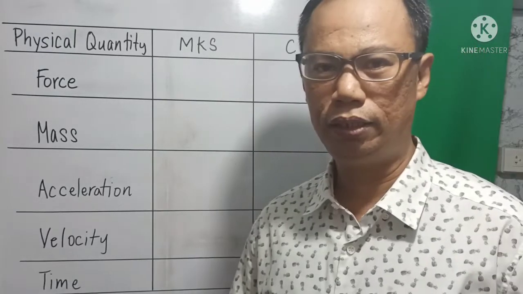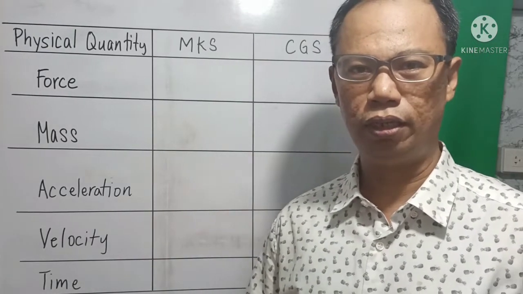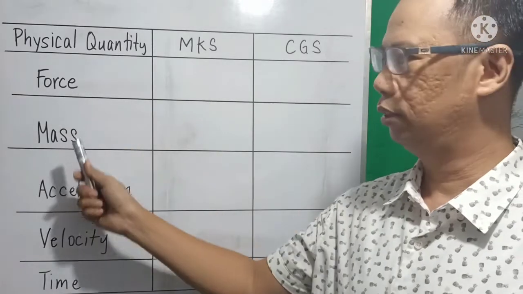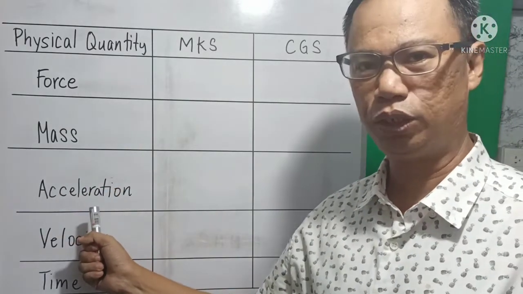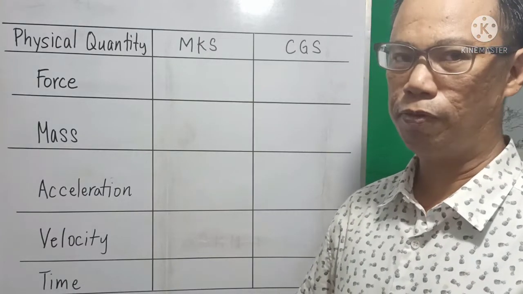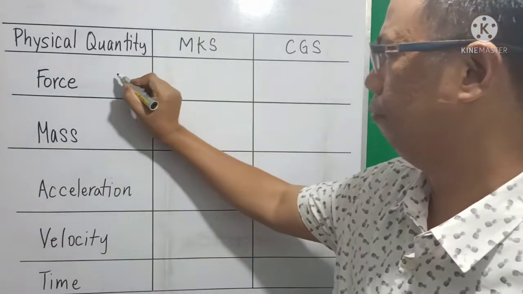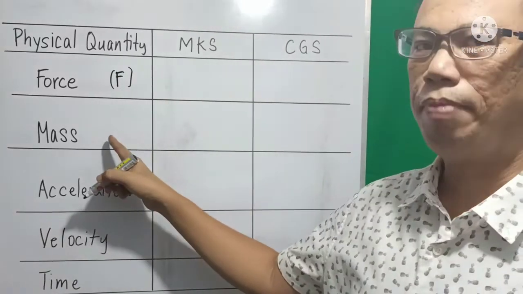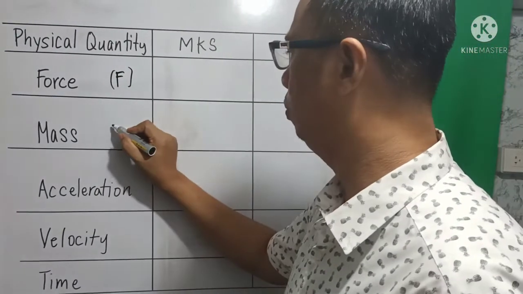The different quantities in Newton's second law of motion are as follows: force, mass, acceleration, velocity, and time. The symbol for force is F, big letter F. For the mass, we have small m.